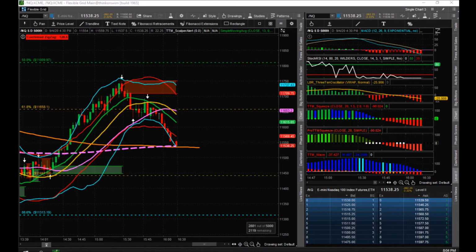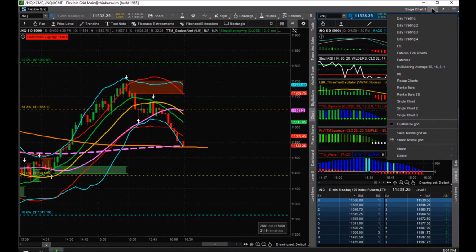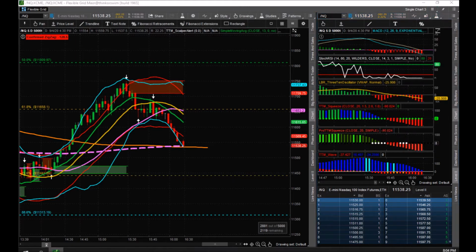How do I combine the 50 tick chart? Let's see if I can make a new chart in here real quick for you guys. Actually, instead of messing with my charts, I'm going to share.